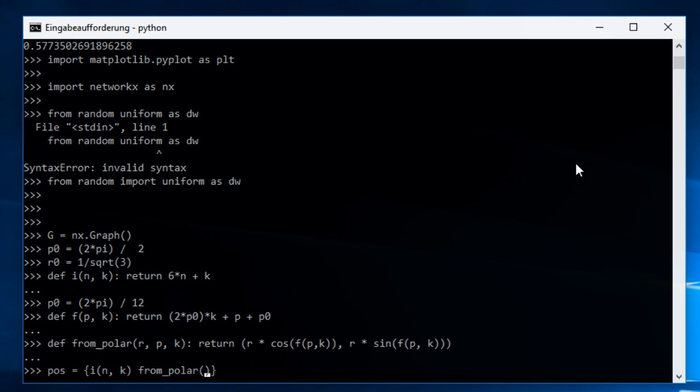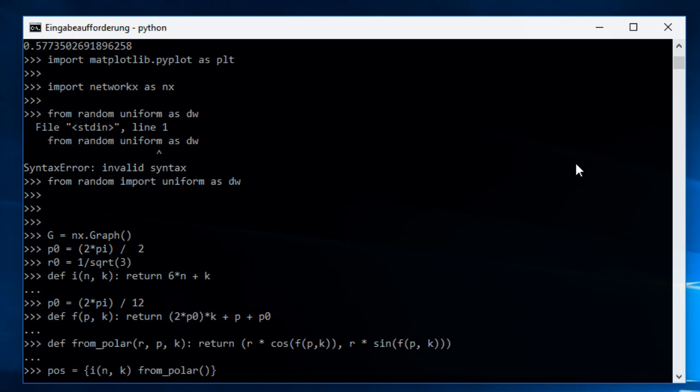And now, you know, for all rings, we have different radii, which is either 1 or 1 over square root of 3, or 1 over square root of 3 times 1 over square root of 3, or if we go even to the last level, like 1 over square root of 3 to the power of 3.